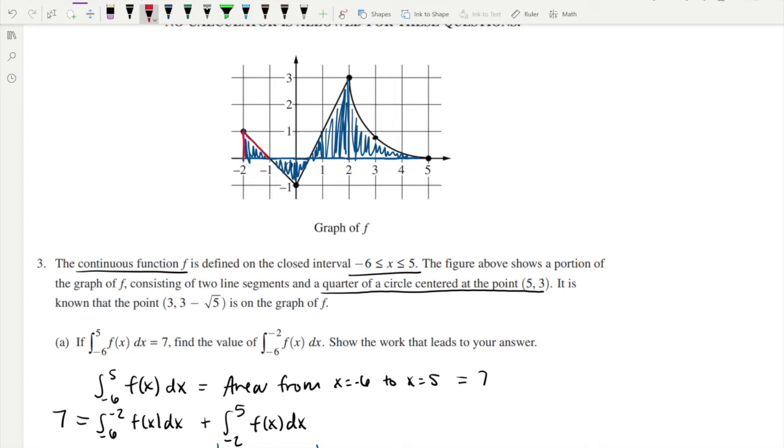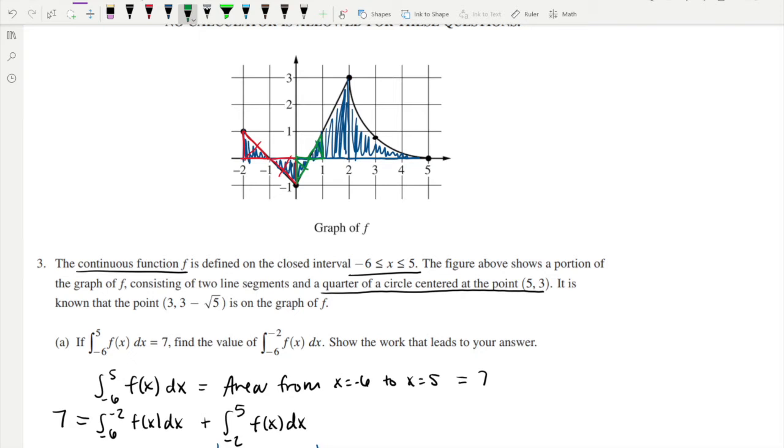So notice that this triangle has exactly the same area as this one, but one's above and one's below, so these are exactly going to cancel each other out. So these kind of just go away. We don't have to worry about them. The same thing is true for this little triangle and this one. Those are also the same, so those are going to cancel each other out.